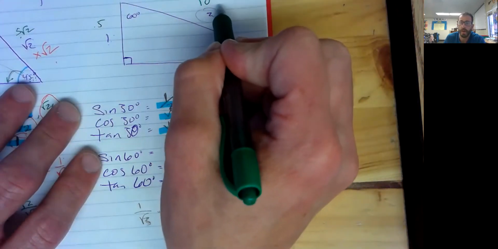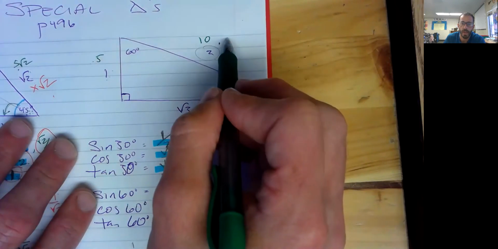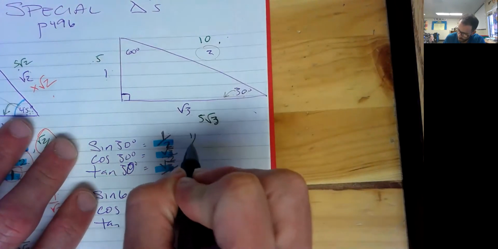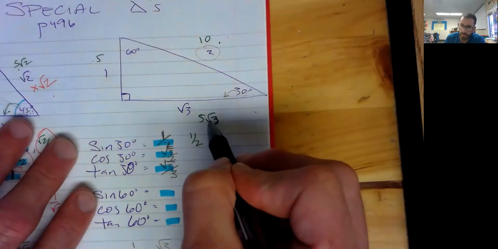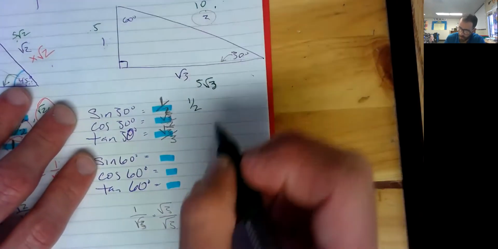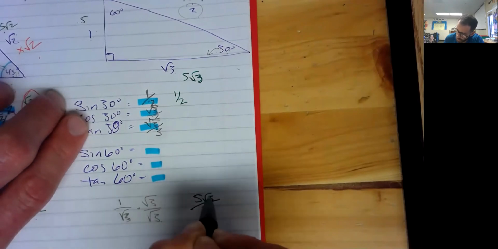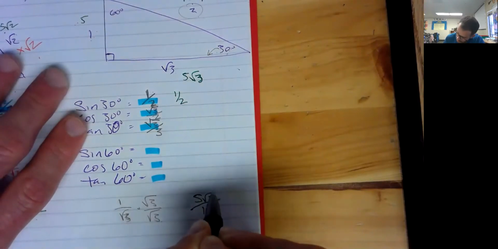Let's see. Opposite over hypotenuse. 5 over 10. 1/2. Adjacent over hypotenuse. Let's do some math. 5 goes into 10 2 times, and I'm left with rad 3 over 2.